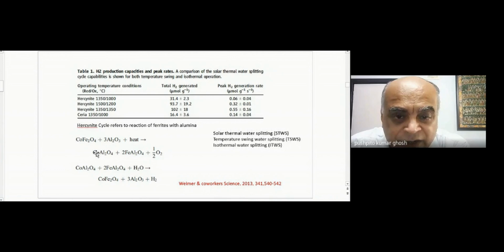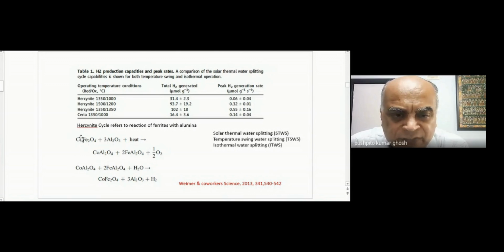After that, very interestingly, if you contact this stuff again with water, it reconverts to this compound and it releases hydrogen. This is the H2. So ultimately, what did I do?